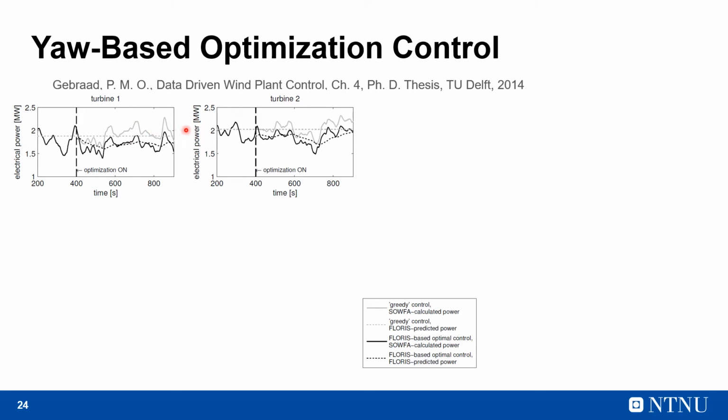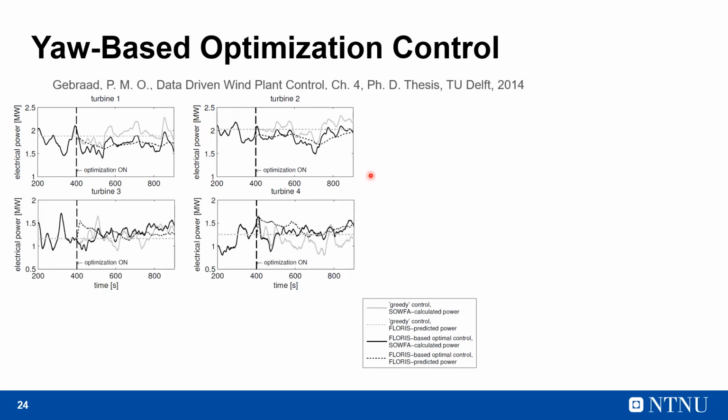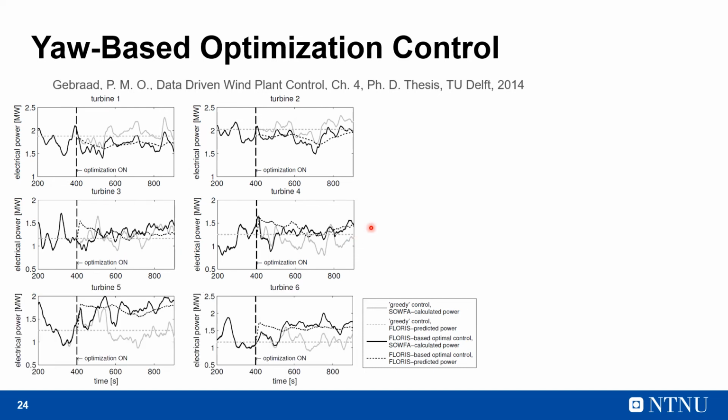yaw setting power output. But when it comes to the second row of turbines, we see that the optimized control power output is slightly better than the greedy control power output. And when it comes to the third row of turbines, we see a better improvement. In this case, the optimized power output is significantly higher than the greedy setting based output.